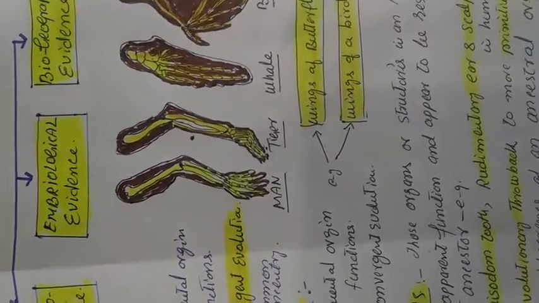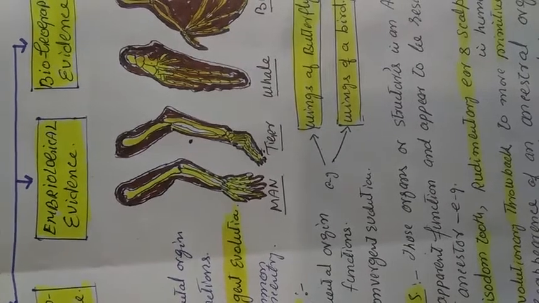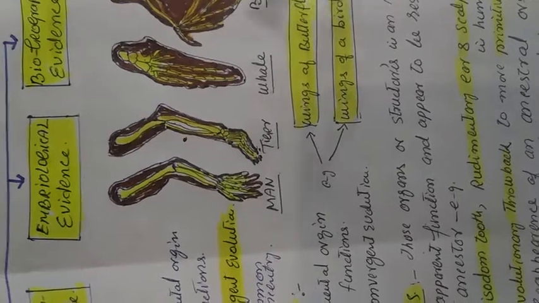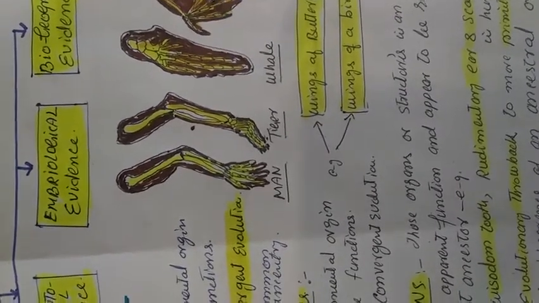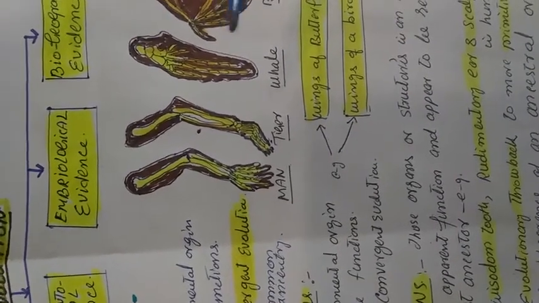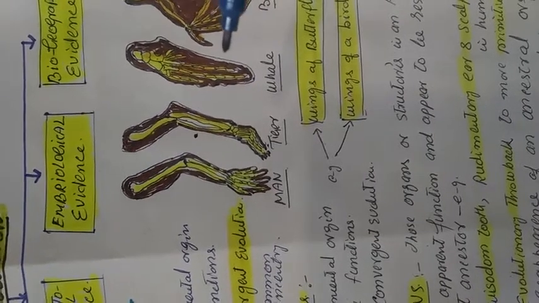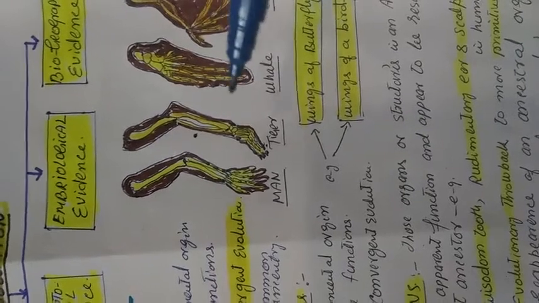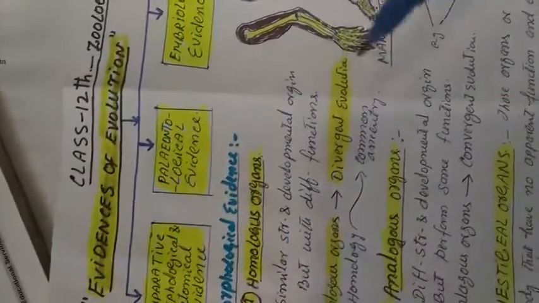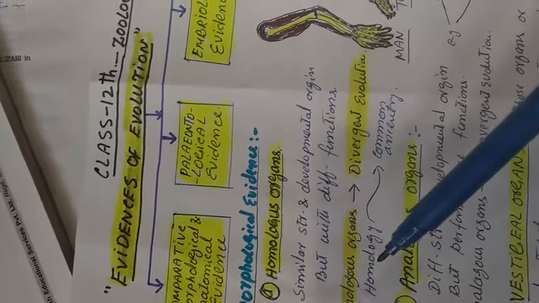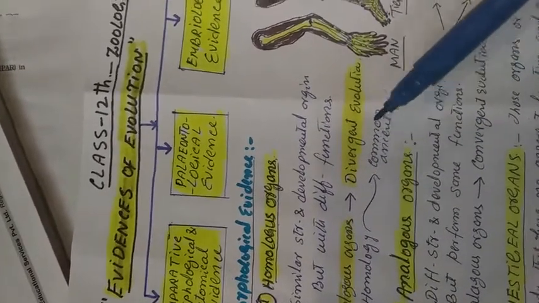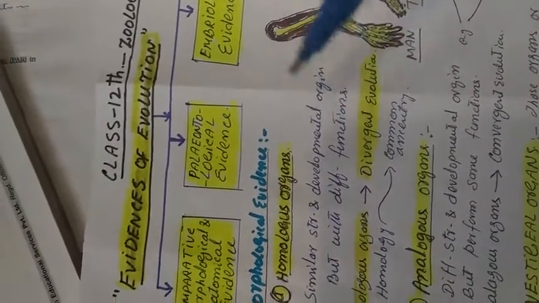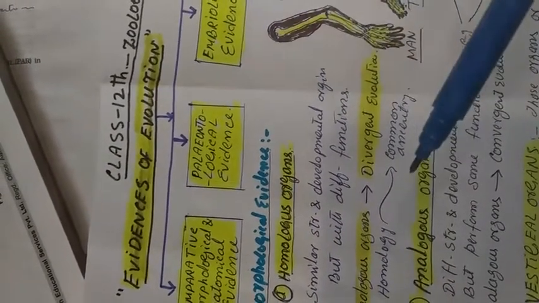Hence, in these animals, the same structure developed along different directions due to adaptations to different needs. This is a sort of divergent evolution, and these structures are called homologous structures or organs. It is evident here that this homology points towards the common ancestry. This is the first morphological evidence in support of evolution.